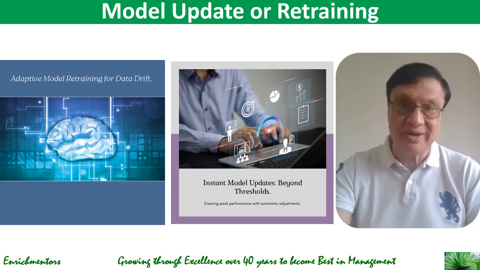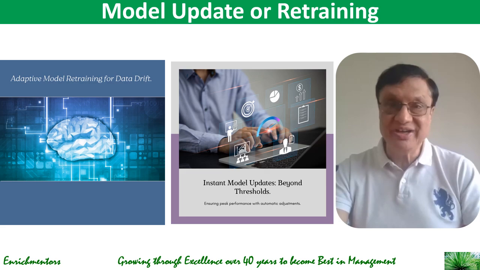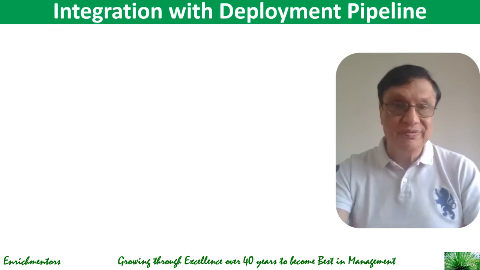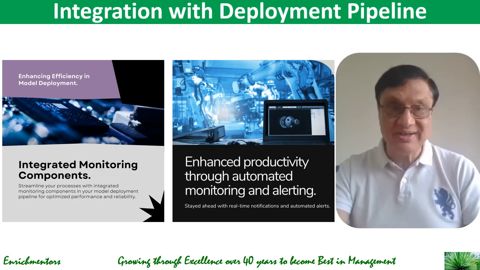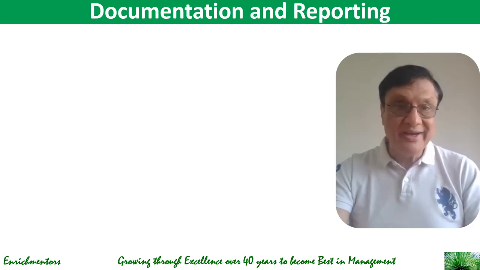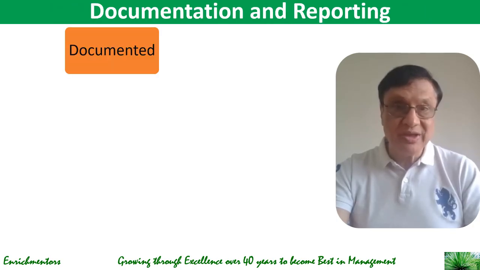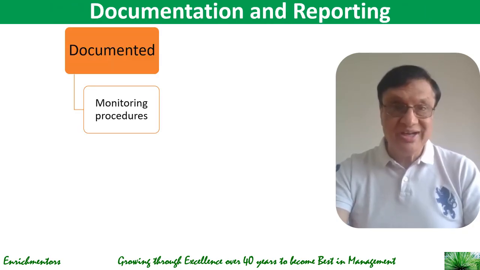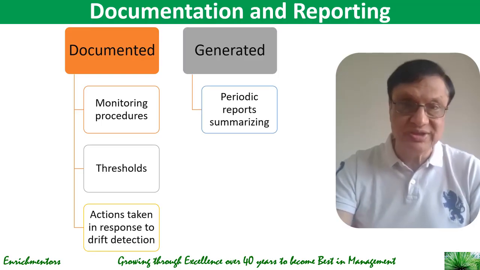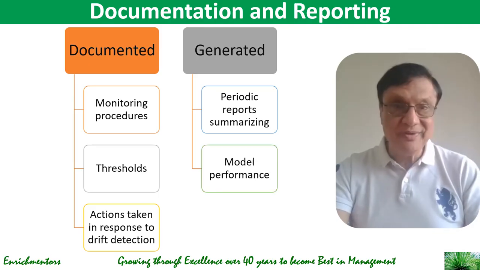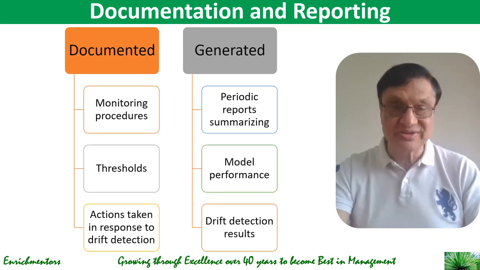So they had that automatic model update and retraining setup. They integrated the monitoring components into the model deployment pipeline, automated monitoring tasks and alerting mechanisms that enhance productivity, and finally documented monitoring procedures, thresholds, and actions taken in response to drift detection, and generated periodic reports summarizing model performance and drift detection results.